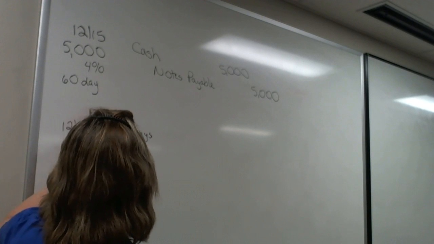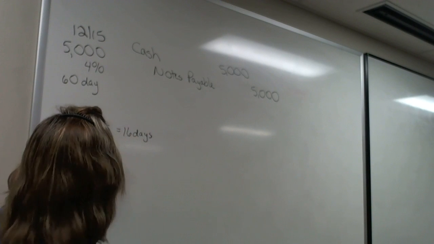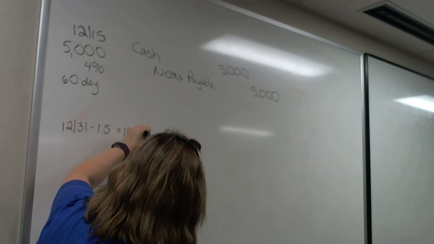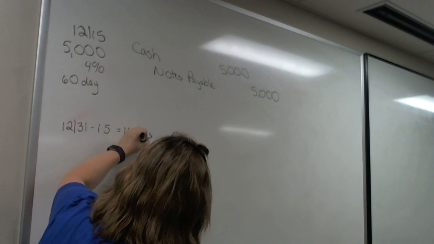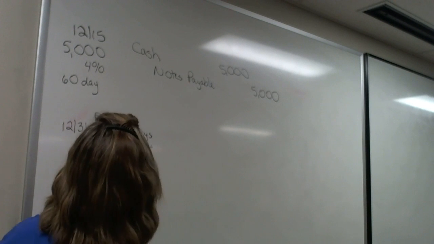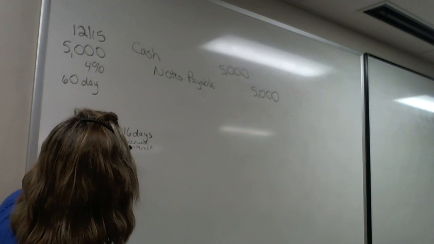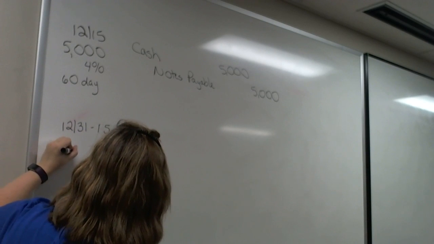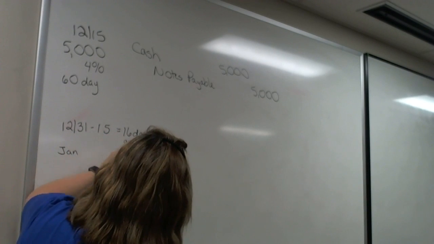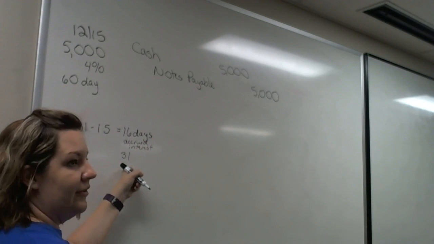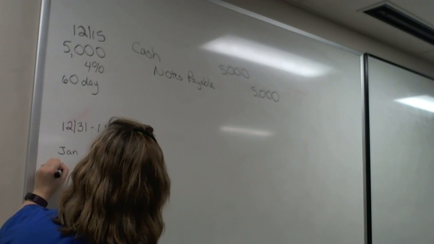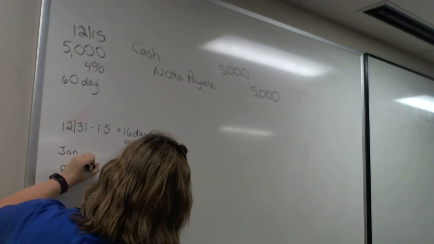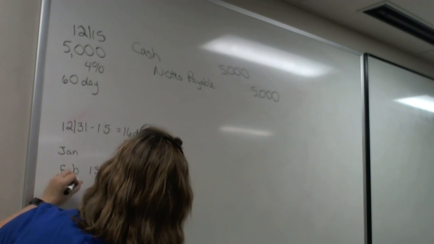So from the 15th all the way through the end of the year, that's 16 days, right? So that's accrued interest that we need to recognize. Okay. So that gives us 16 days. We know we have 60 days total. So then we have January is 31 days. So that puts us up to what, 47 days? So this would come due 60 minus 47. February 13th would be the maturity.